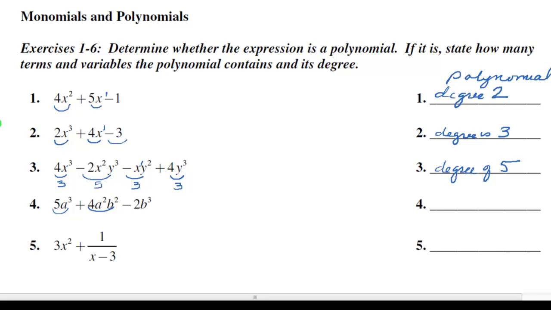Now let's look at the degree of each of these terms. The first term has degree 3. The second term has degree 4, because we have the 2 and the 2. So that's 4. And the third term has degree 3. So this trinomial has degree 4, because you go for the biggest.